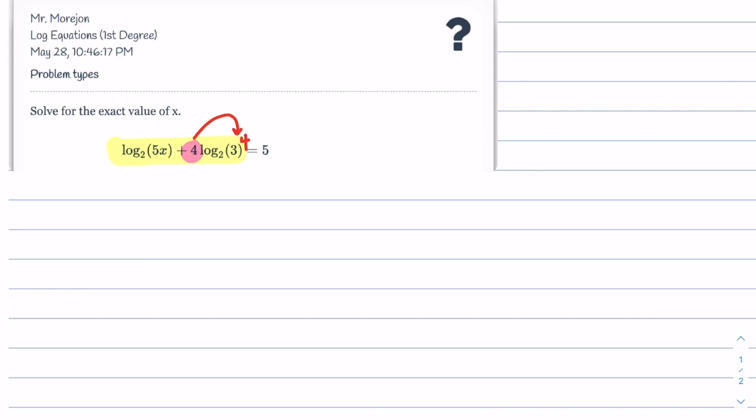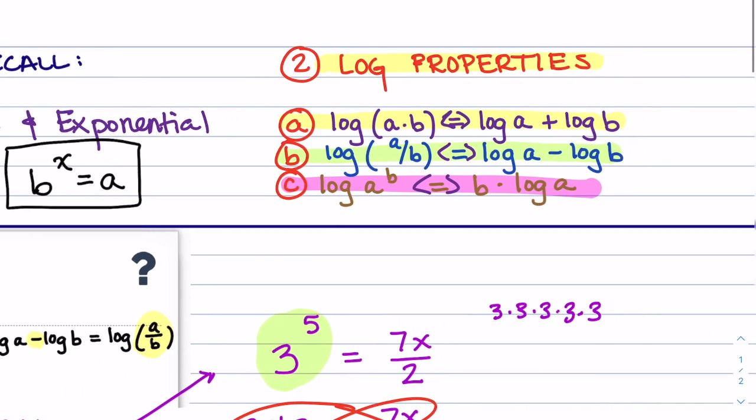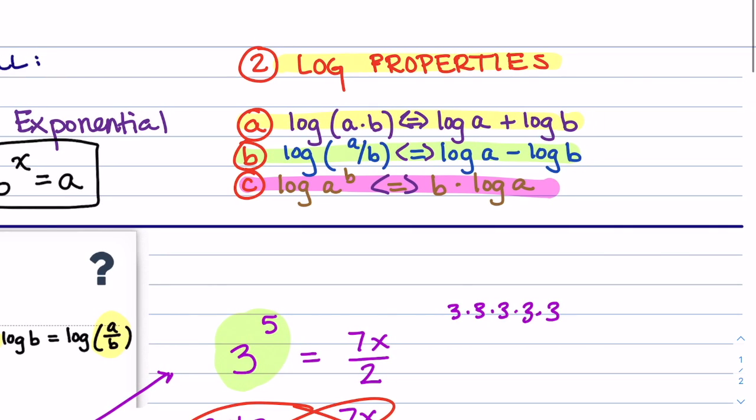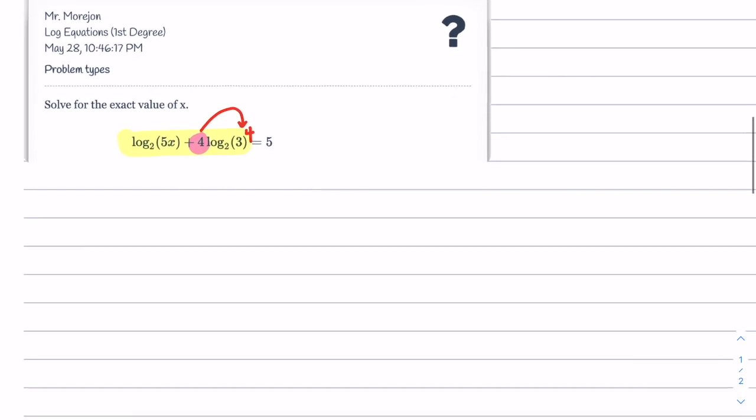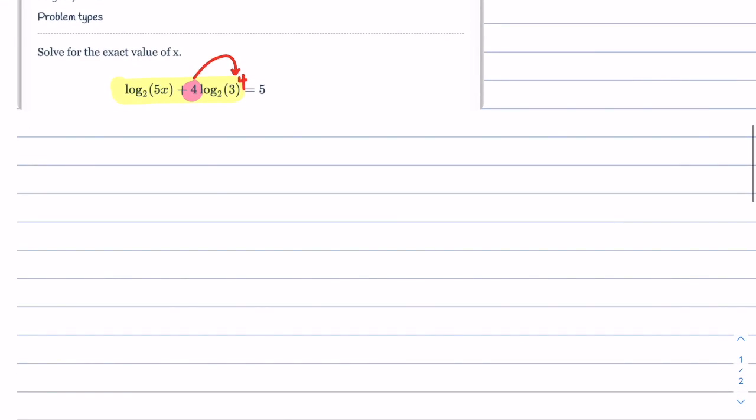So before we do the condensed version, I just want to do a quick reverse power rule. Remember, the power rule says if we have a number in the front, like here, that's the same as that number being the exponent. So another way to say this is log base 2 of 5x plus log base 2 of 3 to the 4th power.